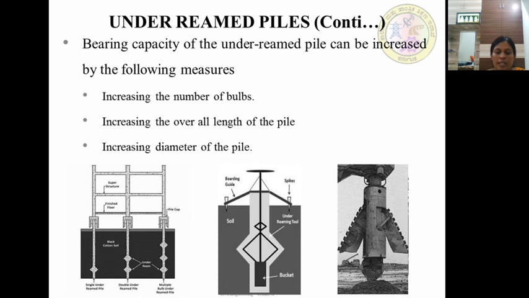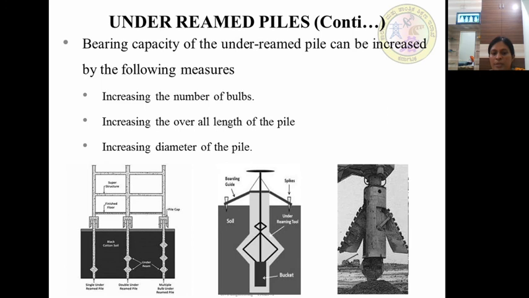They decrease the vertical settlement and also differential settlements. They are used when soil tends to swell and shrink due to moisture variations, given the expansive nature of the soil. The provision of the bulb has the advantage of increasing the bearing and uplift capacity. These piles are used as anchor piles because they resist uplift pressure of soil.